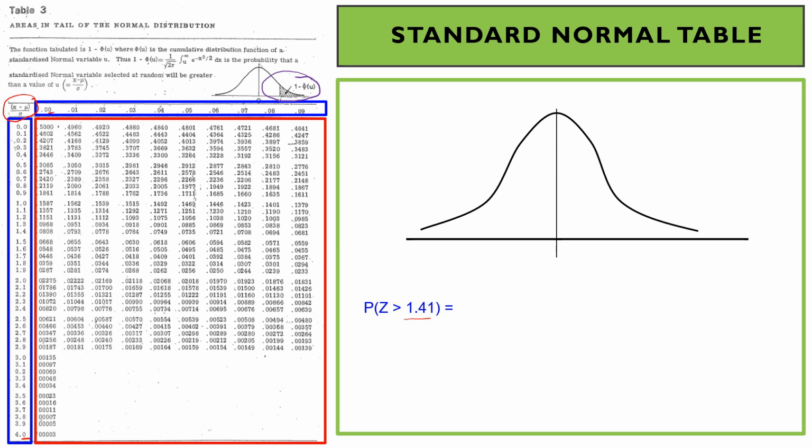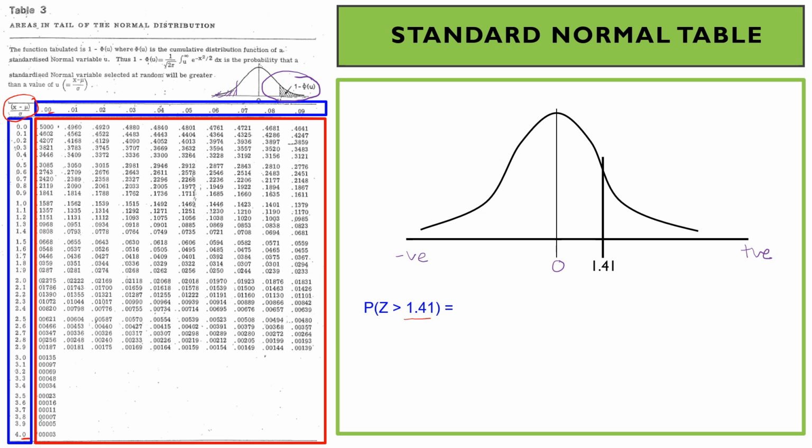Left side or right side, same value, because the normal is symmetrical. This one is 0. Right side, positive value. Left side, negative value. So where is 1.41? Positive value, so right side.